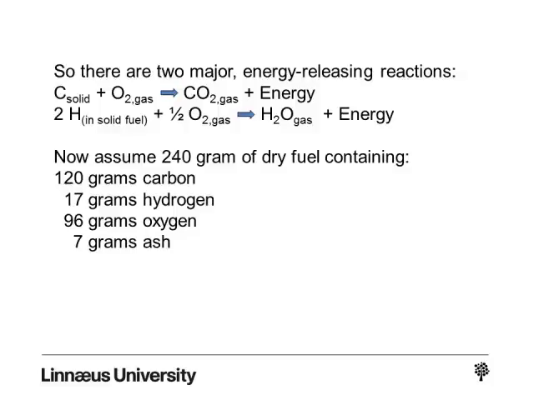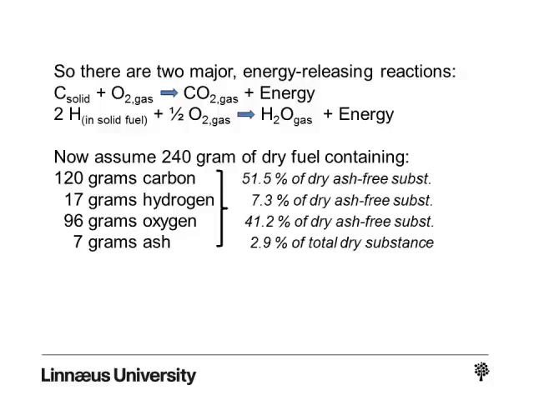So let's assume a model fuel, and we assume 240 grams of this model fuel, dry substance, containing 120 grams of carbon, that's 50% of the dry mass, 17 grams of hydrogen, 96 grams of oxygen, and 7 grams of ash.